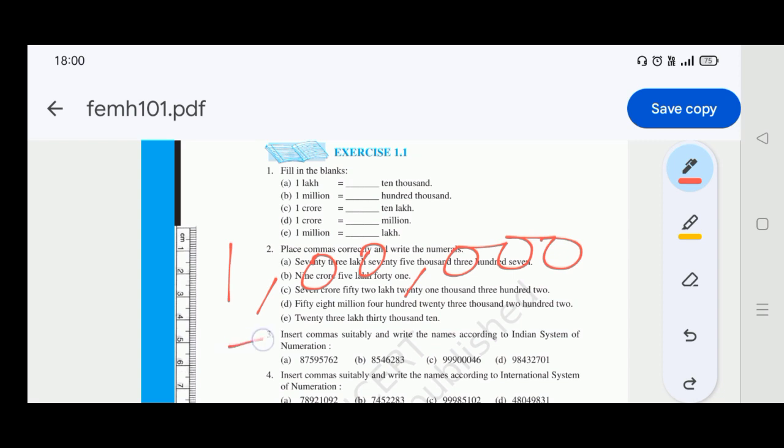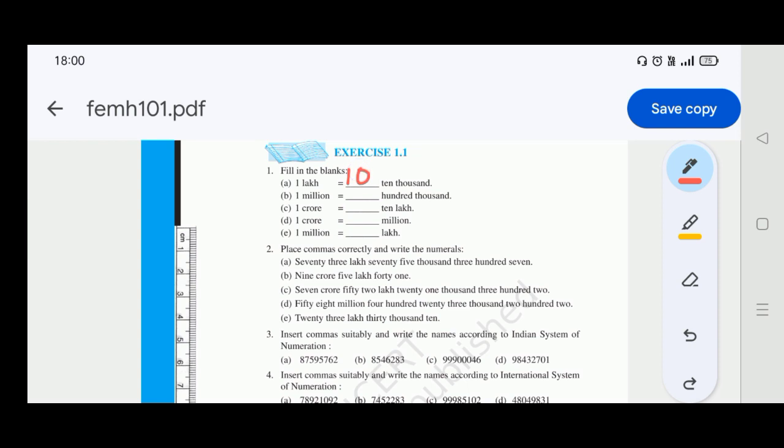It is actually equal to 10 times 10,000. So the answer is 10.